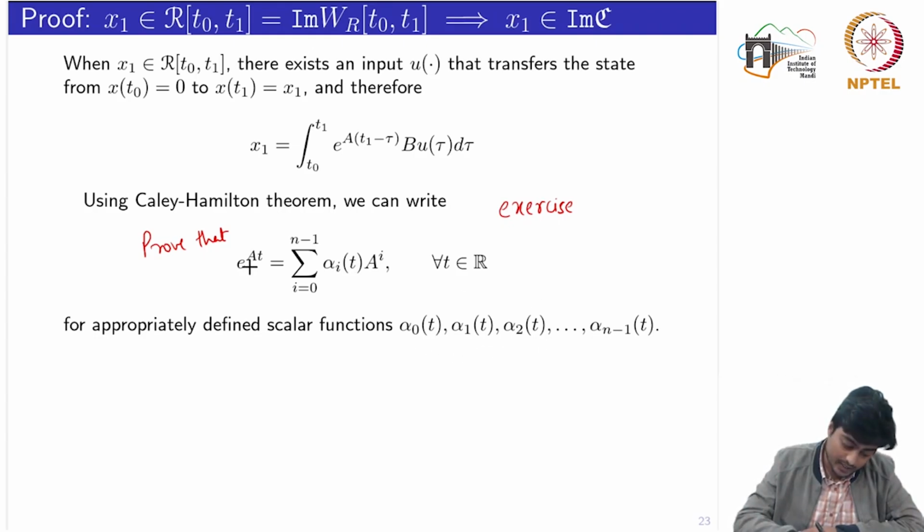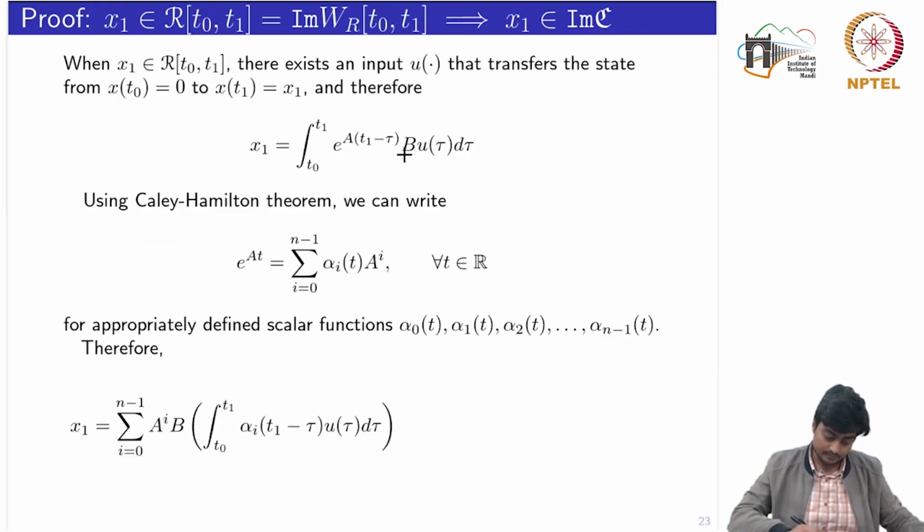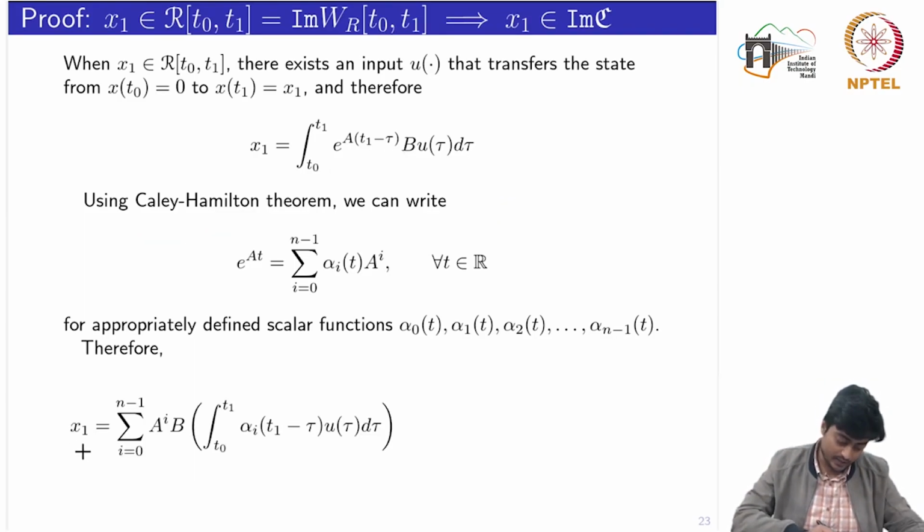Now simply I will put e to the power At here, where t changes from t1 minus t to t1 minus tau. So here I would have x1 equal to the summation over i from 0 to n minus 1. All these alpha i are scalars, so I can take them to the right hand side also.